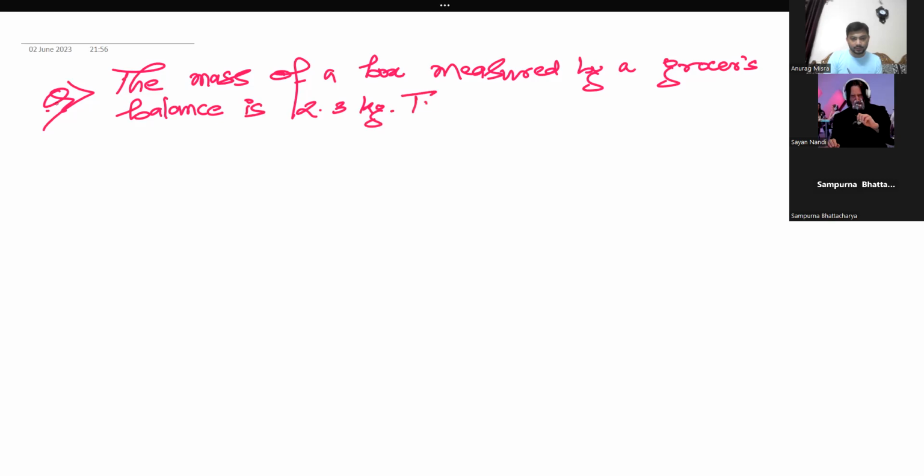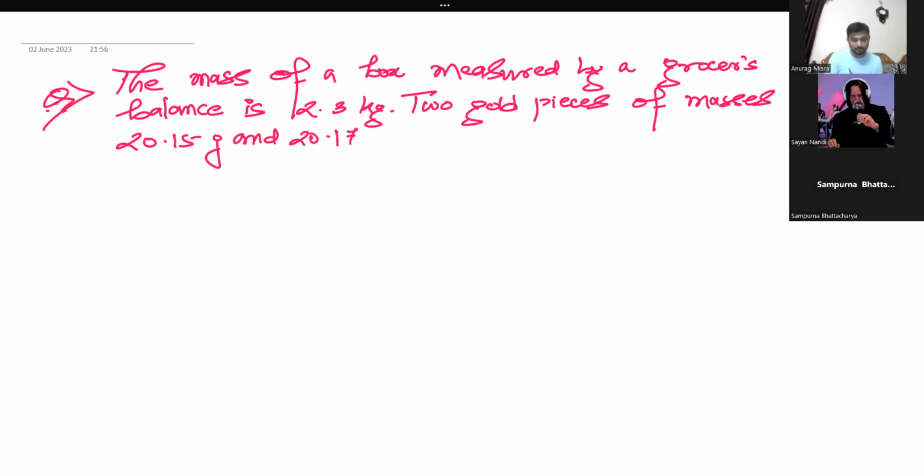Two gold pieces of masses 20.15 gram and 20.17 gram are added to the box. What is the total mass of the box?